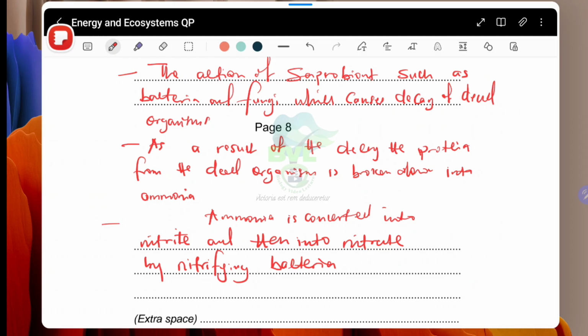Very important. At this point I should make mention of the fact that if you are doing EDUQAS, ammonia to nitrite is done by Nitrosomonas, while nitrite to nitrate is done by Nitrobacter.